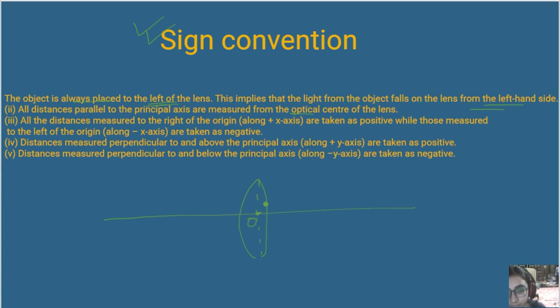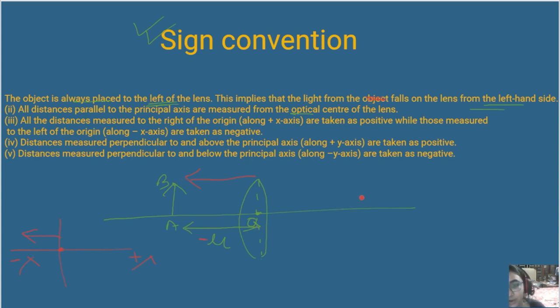Everything measured on the right of it is positive and on the left of it is negative. If you put an object here, AB, the object distance is called u, measured from the optical center, so it will be minus u. Why? Because if this is the Cartesian system, this is positive x, this is negative x, and if we go towards the left of the origin, it is negative. So object distance will always be negative.